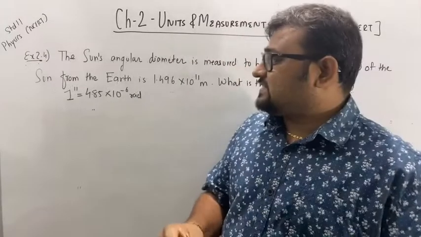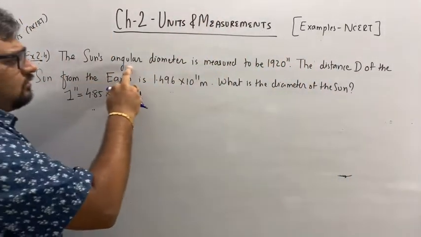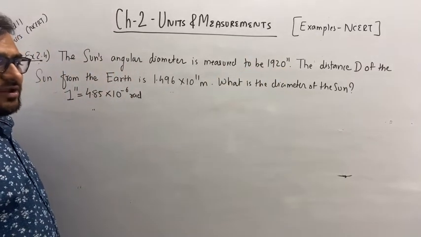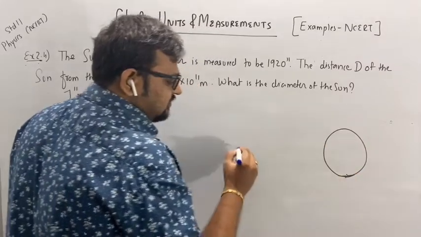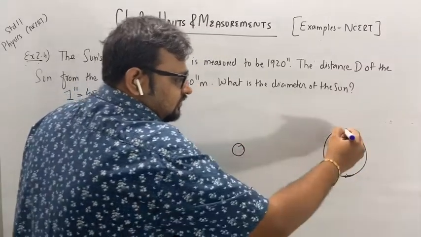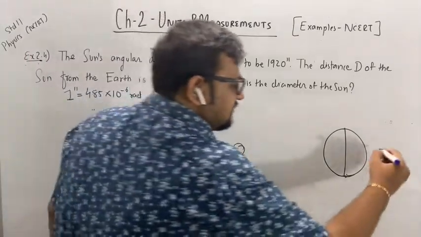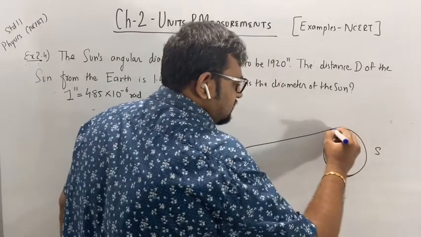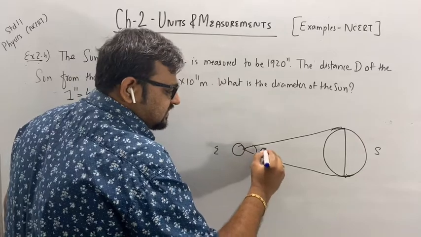The next is example 2.4. Here it's given that the sun's angular diameter is measured to be 1920 seconds. So take sun and earth. This will be the diameter of the sun, when it is observed from earth, it makes an angle.